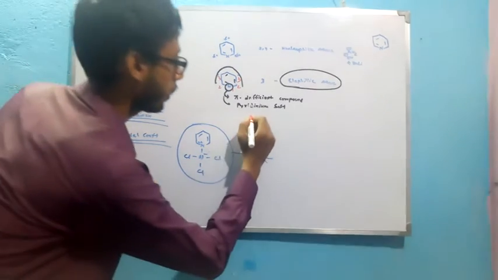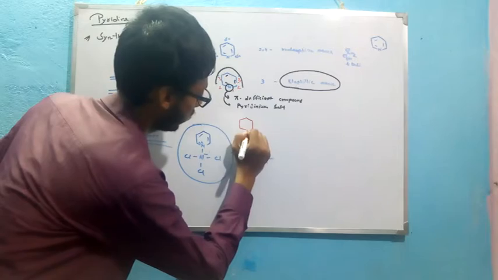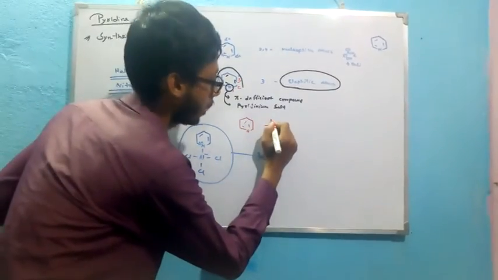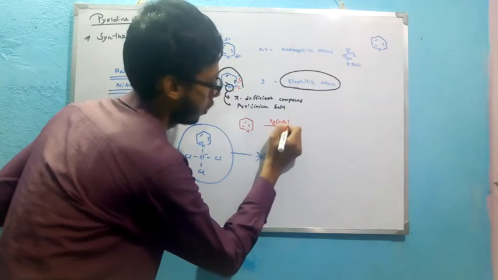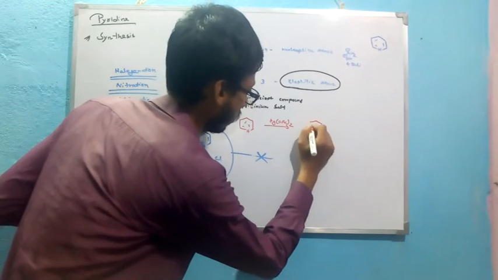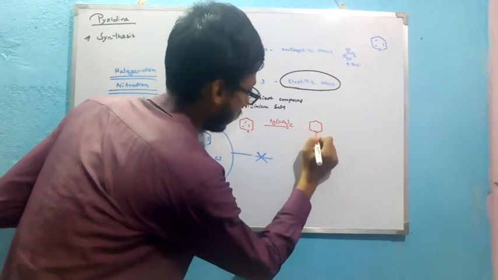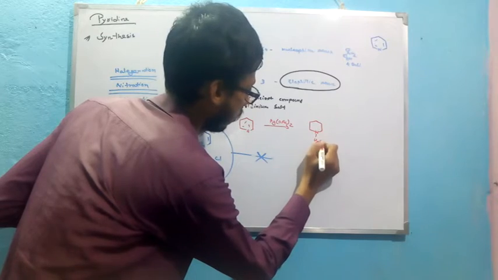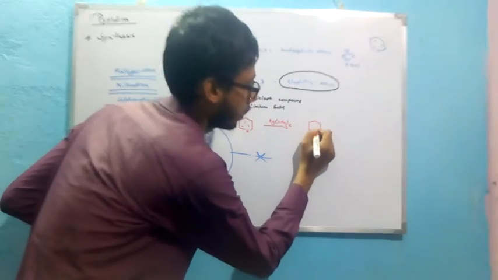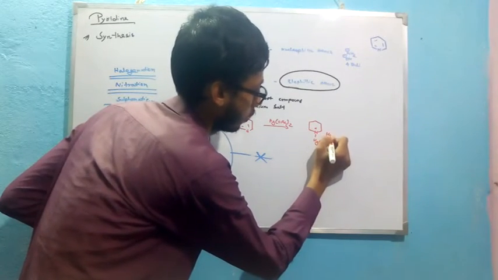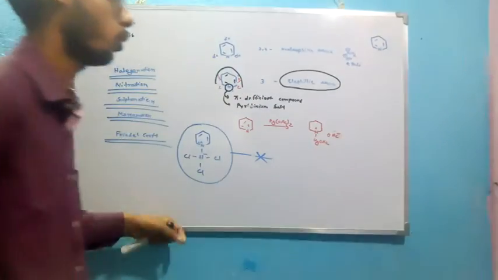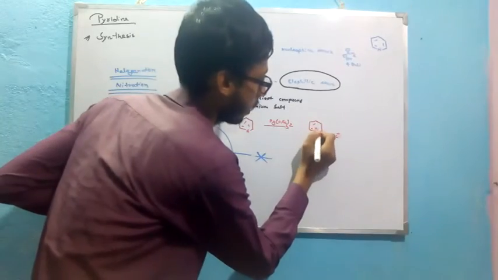So that is pyridine, and mercuration of pyridine occurs in the presence of mercuric acetate, Hg(OAc)2. So there is the formation of the N-mercury derivative, and there is the formation of another acetate minus, the acetate ion.